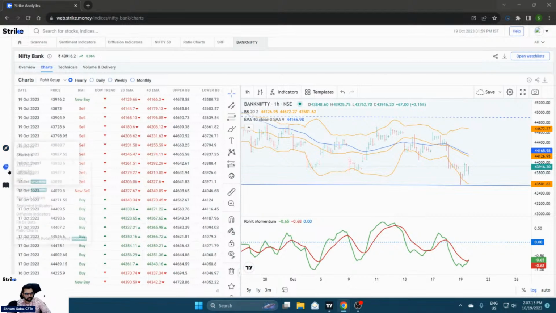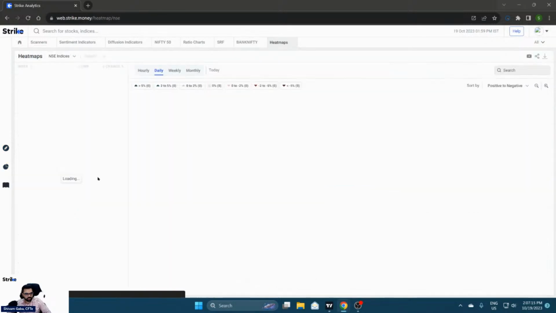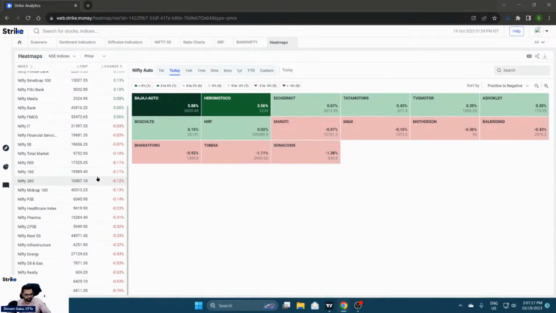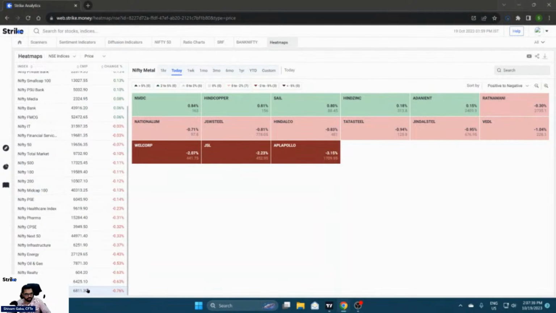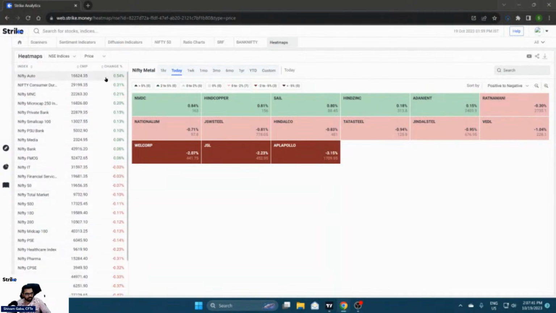Now let's go to the heat map to see what all sectors are up to for the day. So mixed sectors for the day, wherein most of the indices are slightly negative, the biggest loser being metal and commodities for the day, and the biggest gainer is the auto sector.